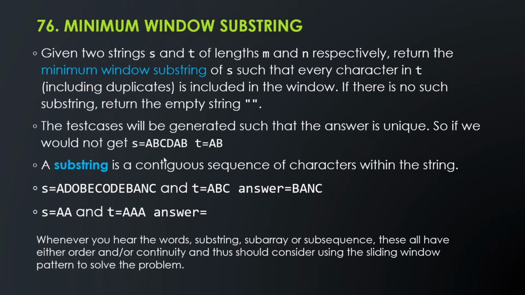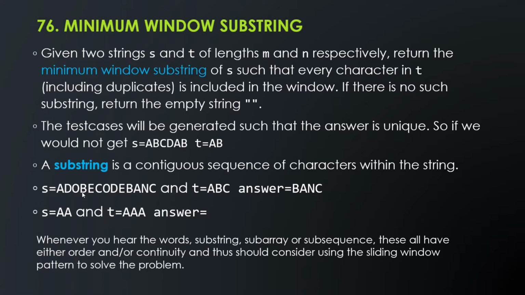Let's say we have this string right here, A, B, C, D, A, B. A substring in this would be A, B, C, and as we can see, it's a substring because the characters maintain their neighbors. A substring in here would not be A, D, and B because the neighbors are not maintained. So that's all that is meant by contiguous.